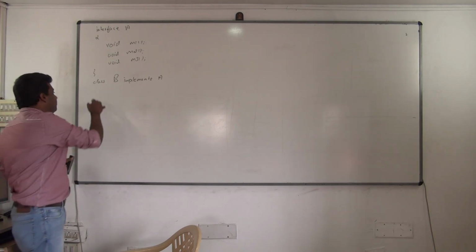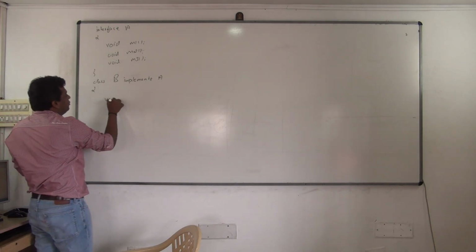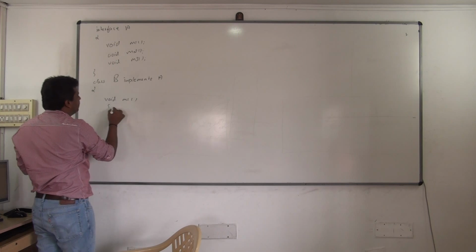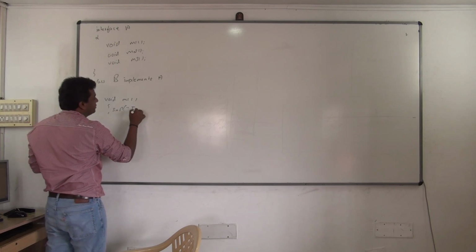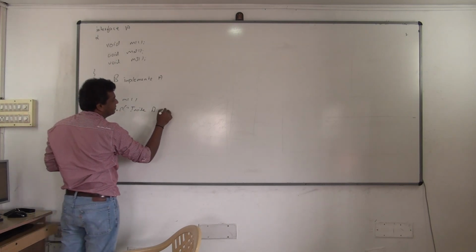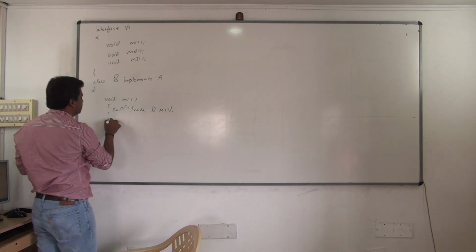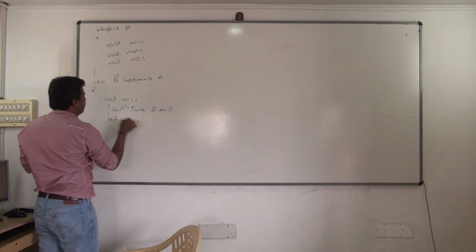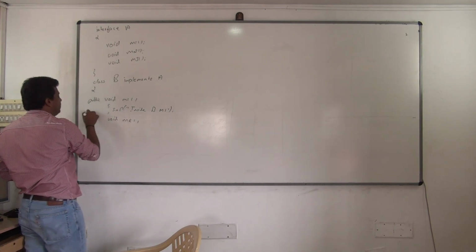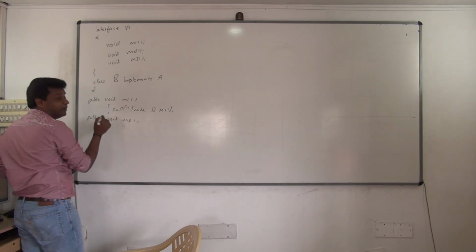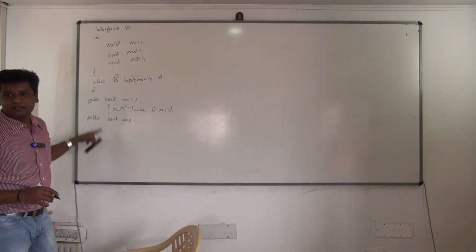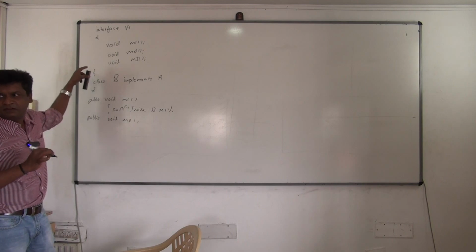That is optional. But B decides to override only two methods. And you have to make it public. That is mandatory. By chance if I miss writing public, you better write it. When a class is implementing an interface, sometimes I'll forget it.